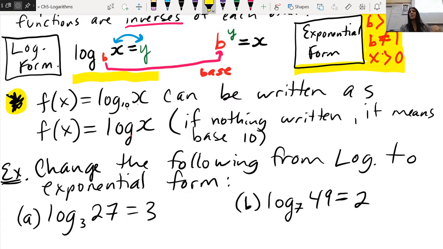So we can drop the 10, or you don't have to write the 10. If you see anything that just says log, like log 7 or log 5, if there's nothing written in the tiny little base at the bottom, the assumption is that the base is 10. So that's the standard logarithmic form in its most basic form.